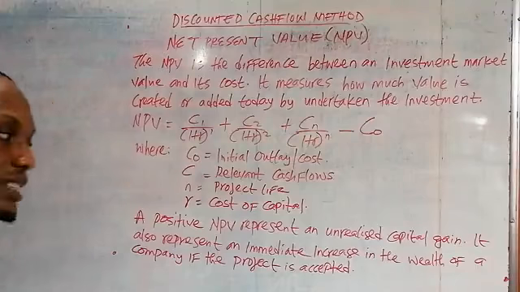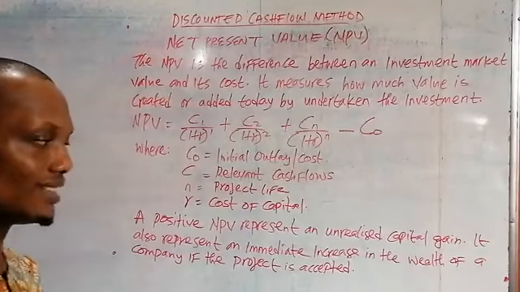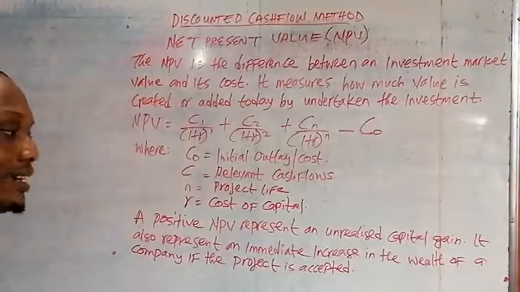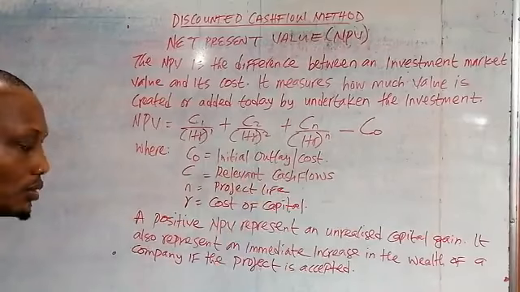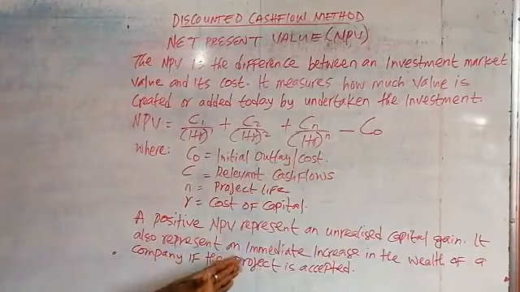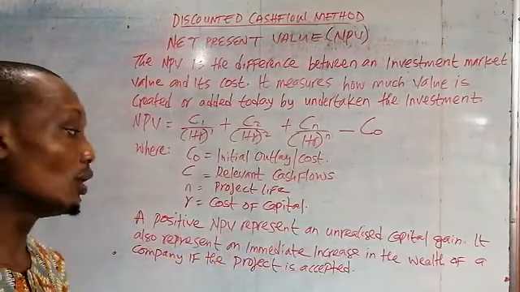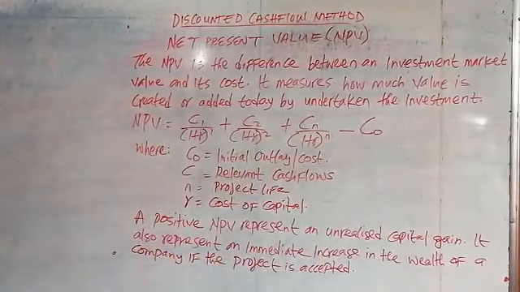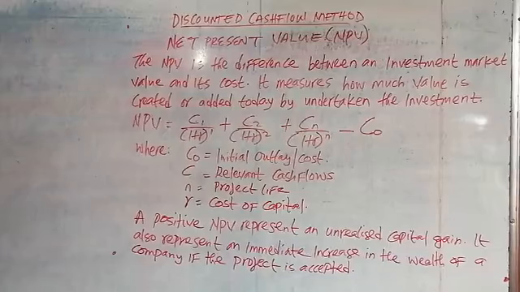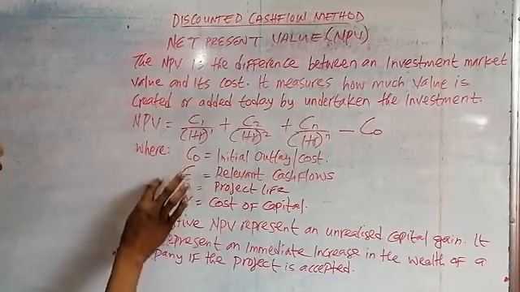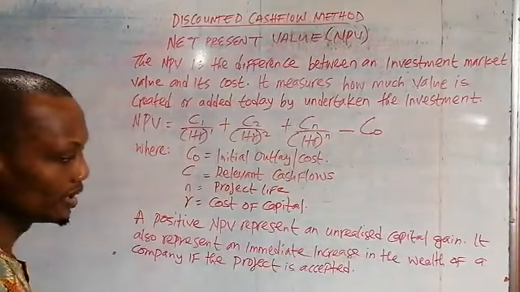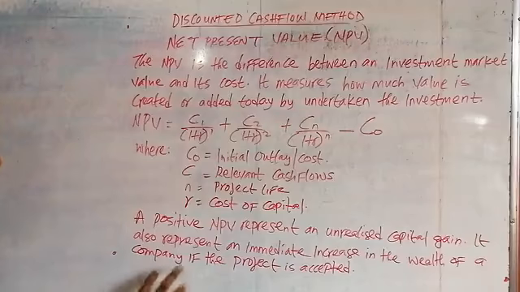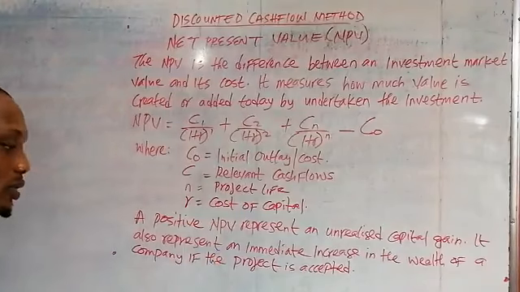It represents the money that you are going to realize but have not yet realized. You will be realizing it year in, year out over the time period. It also represents an immediate increase in the wealth of a company if the project is accepted. That is, after appraising a project using NPV and you have a positive NPV, it means definitely it is going to increase the wealth of the company.